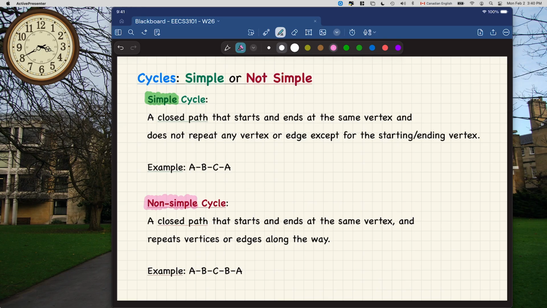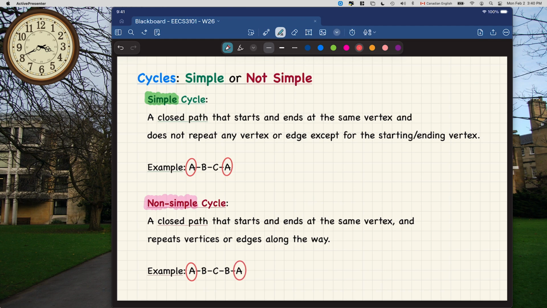If the middle part is a simple path, then it's a simple cycle. Here is just another example. In both cases, the beginning and the end are the same, so both are cycles. It's just a matter of being simple or not simple.